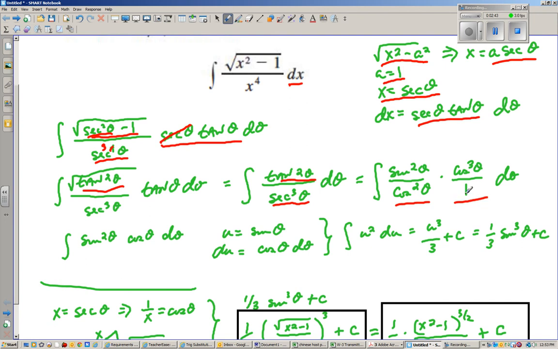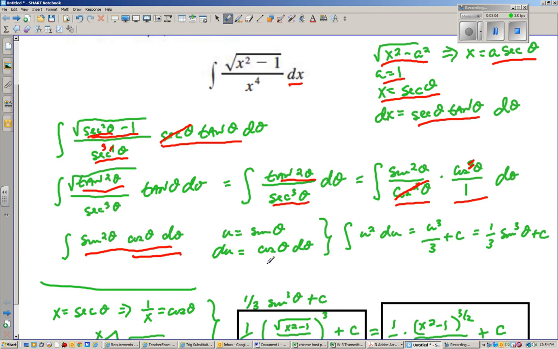And reducing, getting rid of the 2 cosines leaves me with a single sine upstairs, right? So I've got sine squared times cosine.